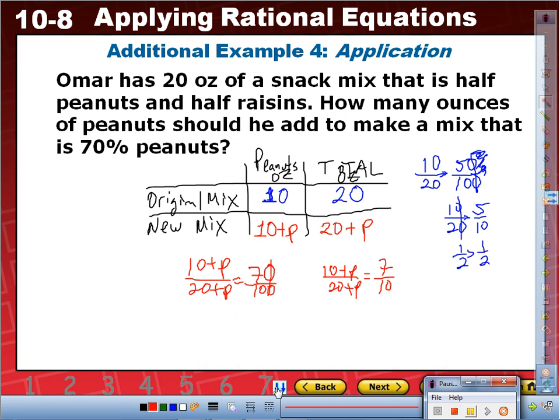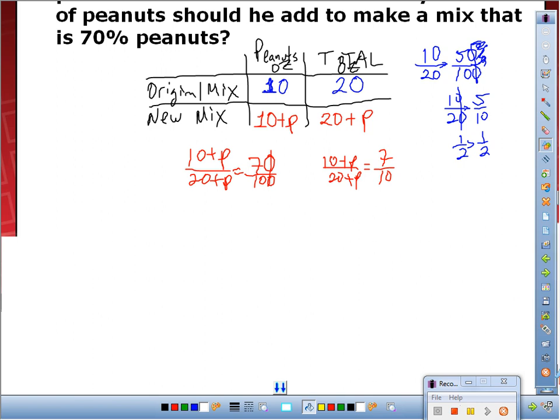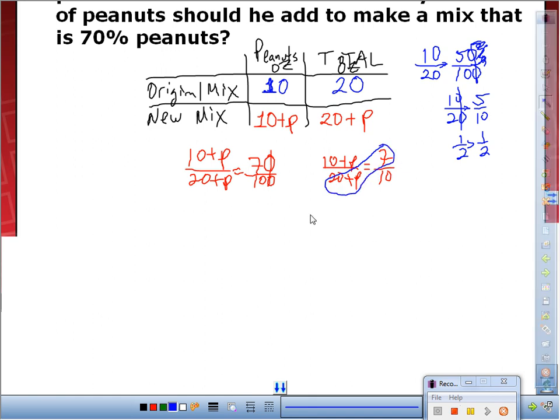Okay, here we go. Therefore, cross multiply. Let's see, 7 times 20 plus P. What is 7 times 20? 140 plus 7P equals 10 times 10 plus P. That's 100 plus 10P. Do we know what to do from there? Yeah. What's my smallest variable? 7P.